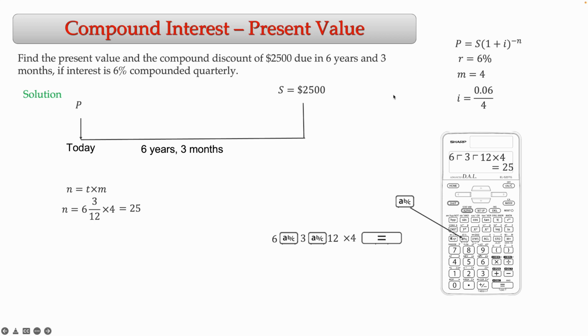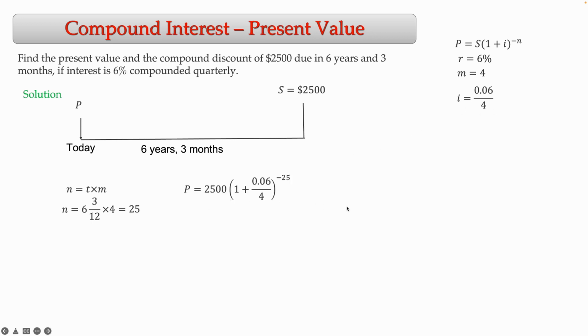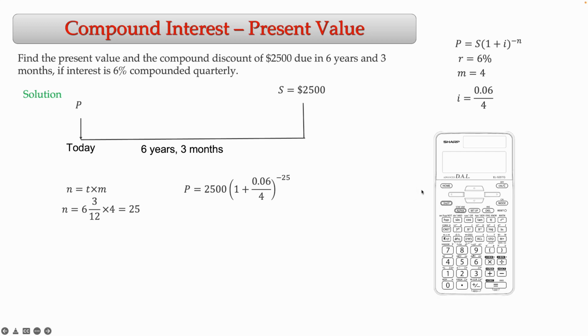S is 25,000 and I is 0.06 over 4. So let's type it here, and then use again the calculator for computing this. And again, you know what keys to use: the power key, the bracket keys, and the plus-minus key that is here at the bottom.